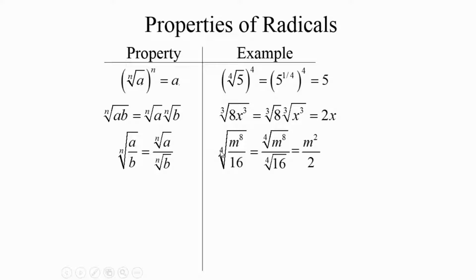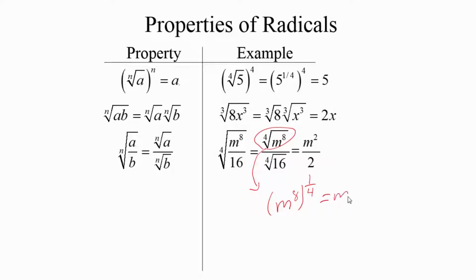As for example, the fourth root of m to the 8th divided by 16 can be separated, numerator from denominator. So you have the fourth root of m to the 8th, over the fourth root of 16. The step for the fourth root of m to the 8th is m to the 8th to the 1/4 power, right?